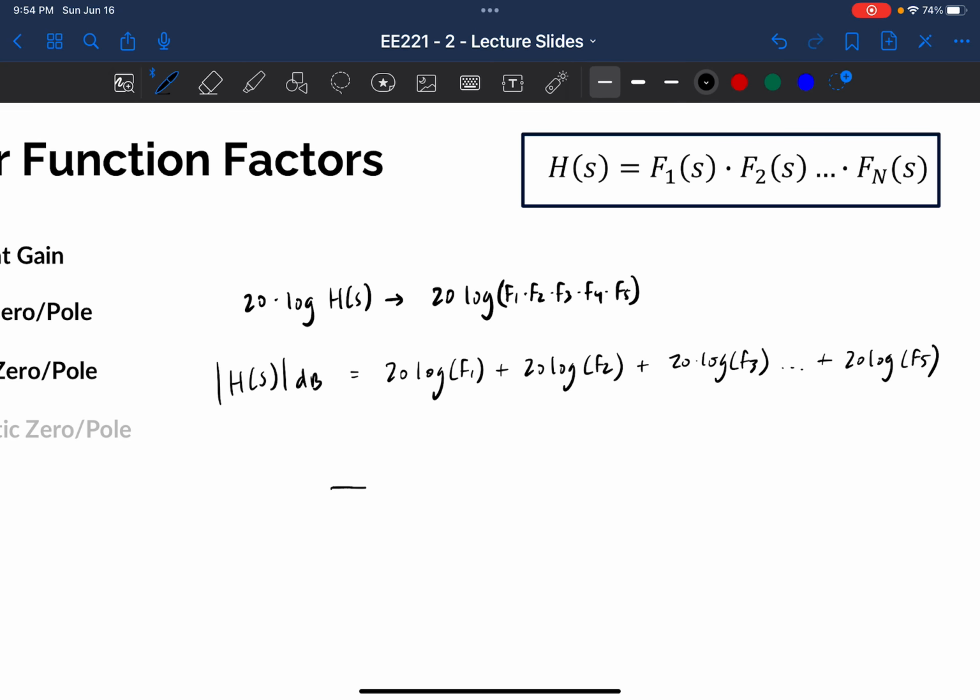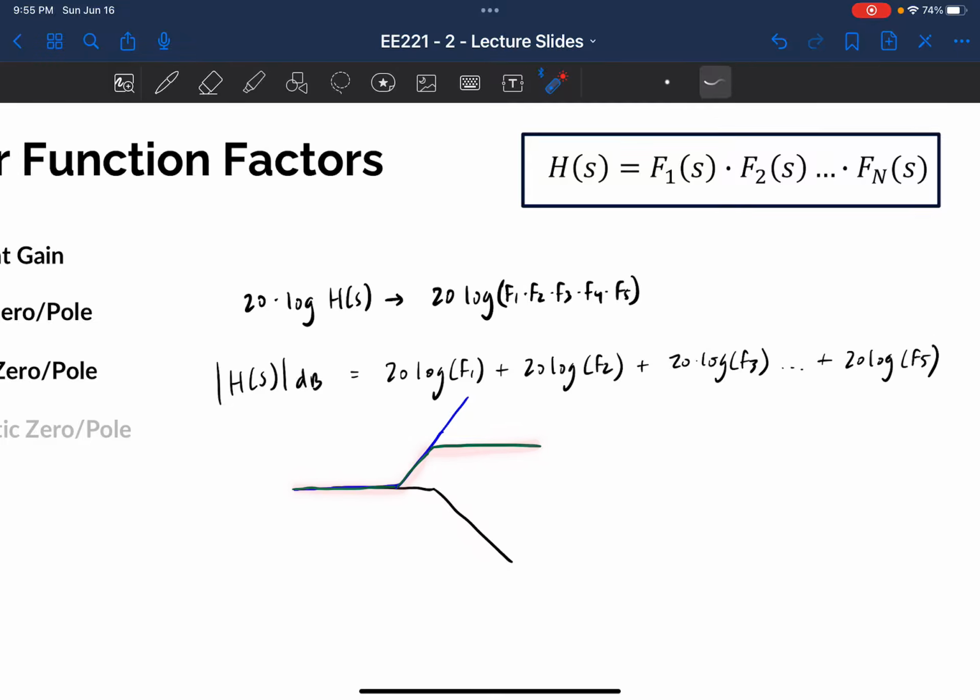So if I had one Bode plot that looked like this, and I were to have another one that looked like, let's just go with another color, and another one that looked like this, and I were to add these together, I would basically get that they add together to be at the same 0 value here, and then this one starts to go up, and then they start to cancel. And so my overall Bode plot would be this green trace here, right? Because at all points, I'm just adding them together. And so this green plot that I just created, oh, I guess I didn't draw it all together, that would be my overall transfer function.